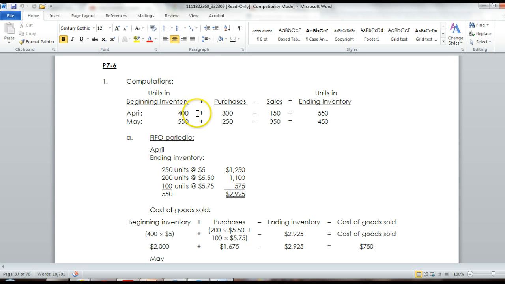We started with 400 units and we sold 150 units. Remember that these 400 units were valued at $5 a piece. So if we sold 150 of these 400 units, we have remaining 250 units here at $5 a piece, or $1,250.